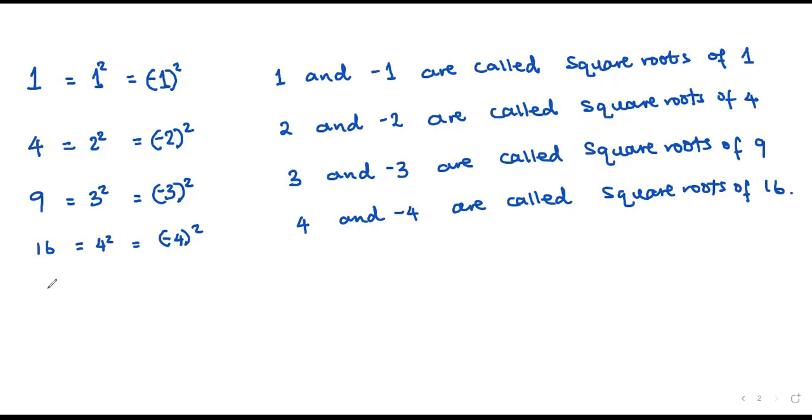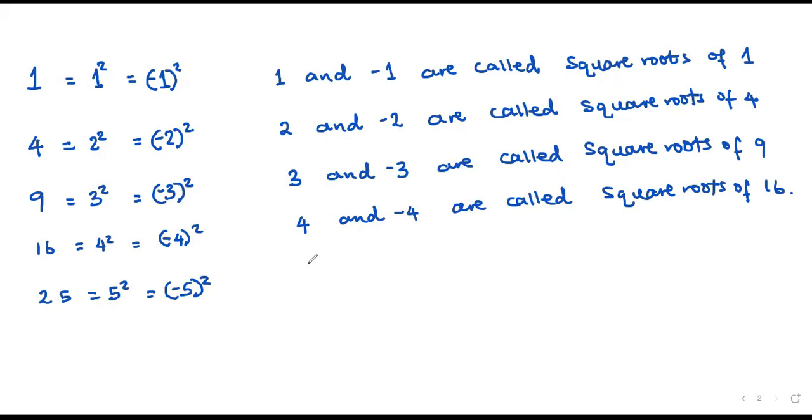Okay, so we have got another number like how we have seen already, that is 25. 25 is the same as 5 squared, the same as -5 squared.